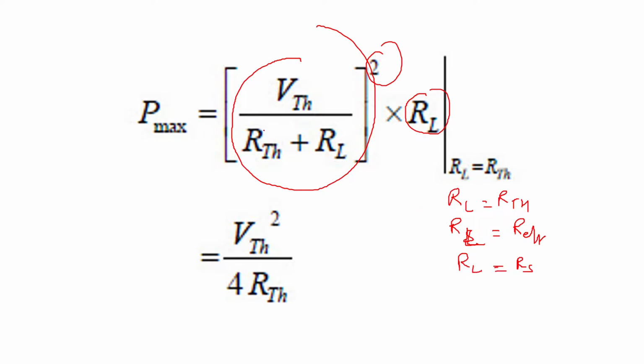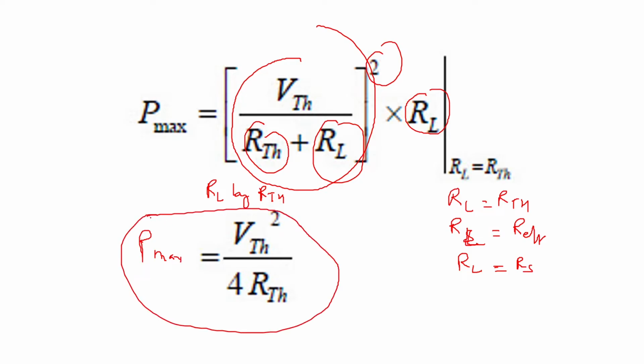So if you substitute RTH by RL or RL by RTH, here in this case we will substitute RL by RTH, and then if you reduce that, we will get the expression of maximum power. We get maximum power P max equal to VTH square upon 4 RTH.